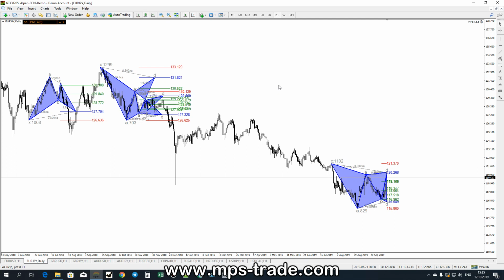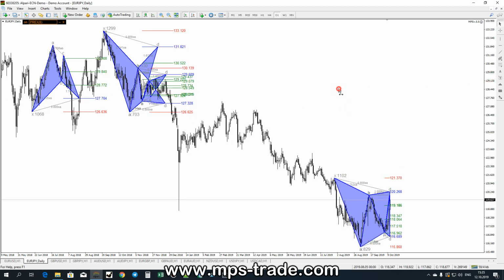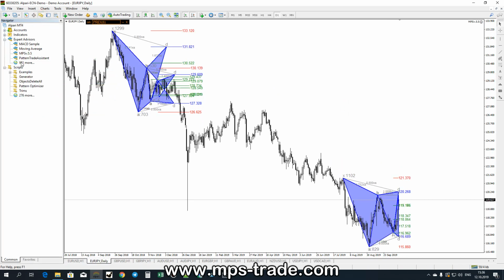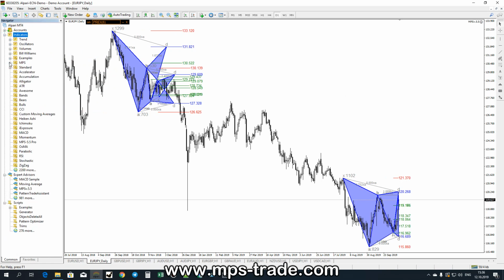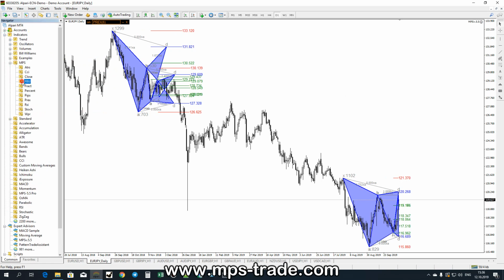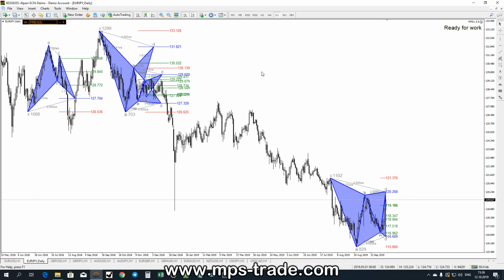So: identification, collection, analysis. The identification is done by MPS. Data collection will be done by FBU. We can find FBU in the MPS folder. And then we will do the analysis.